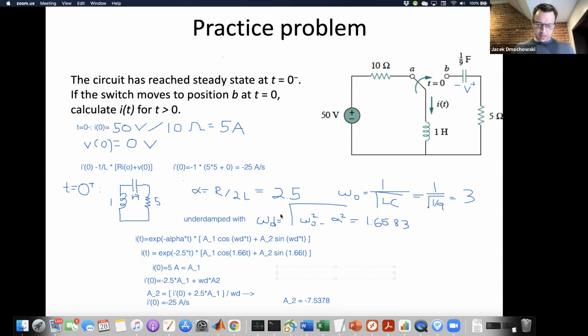Okay, and so our final solution, which I'll put here in color red, is I(t) equal to exponential negative 2.5 t times 5 cos 1.66 t minus 7.54 sine 1.66 t.